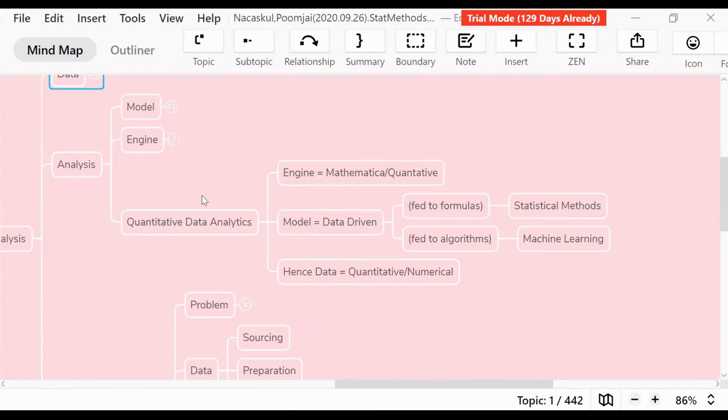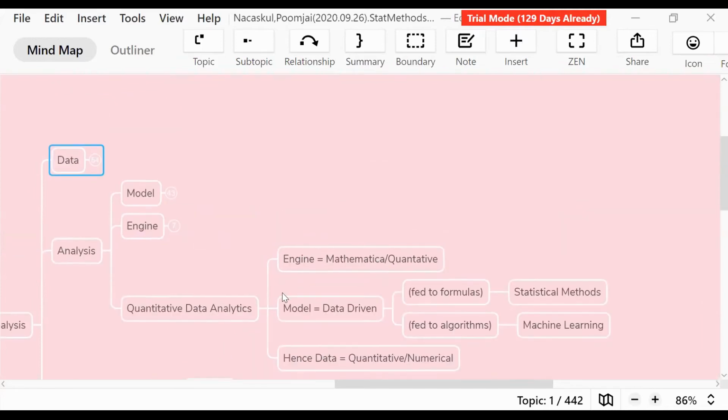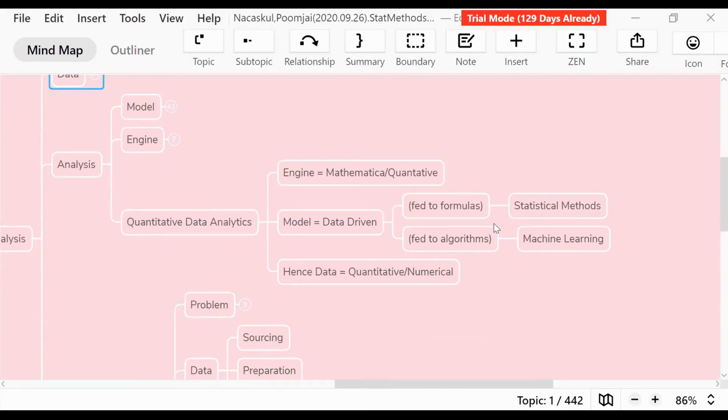Now, here is where we deal with a qualitative difference between statistical methods and machine learning, not only in terms of application, but in terms of how the computation works. In quantitative data analytics, the model is data driven, but the raw data enters slightly differently.